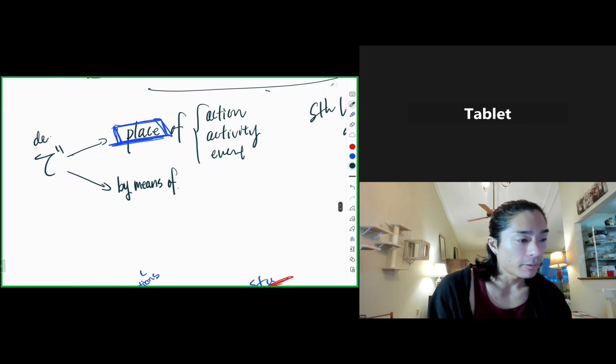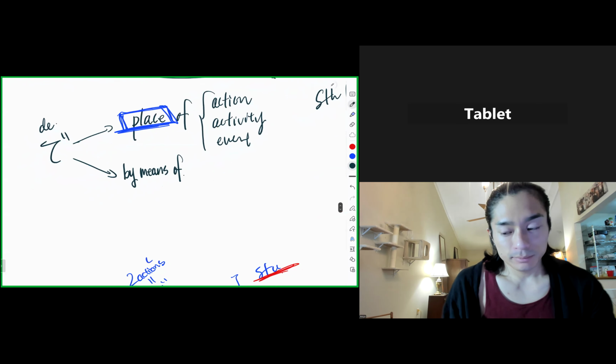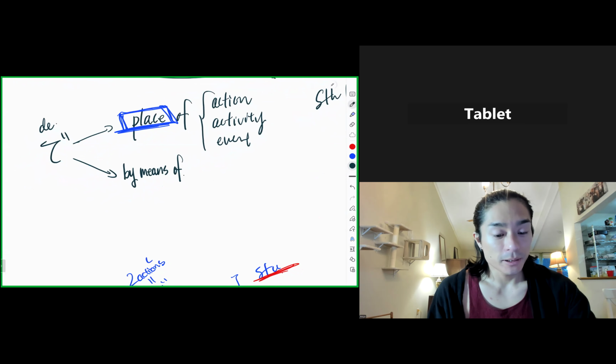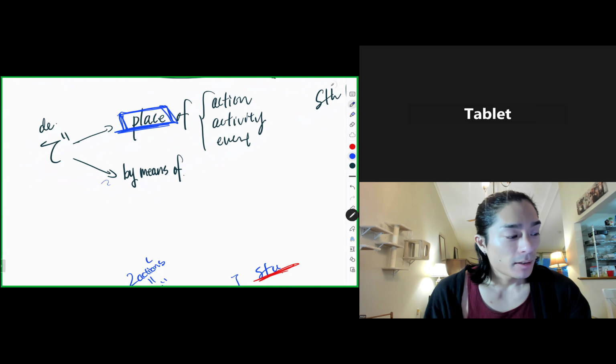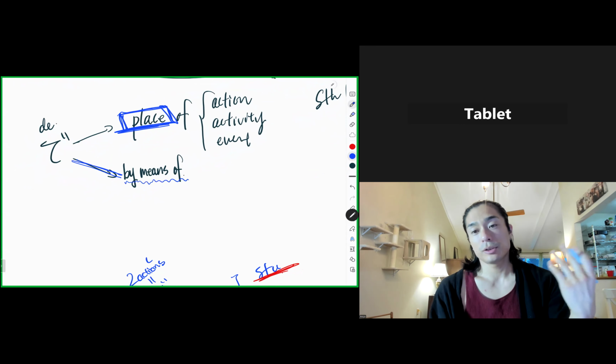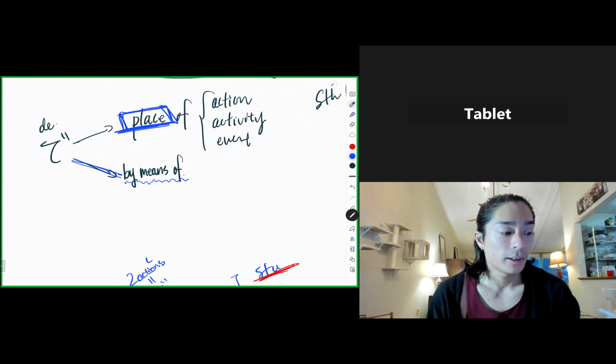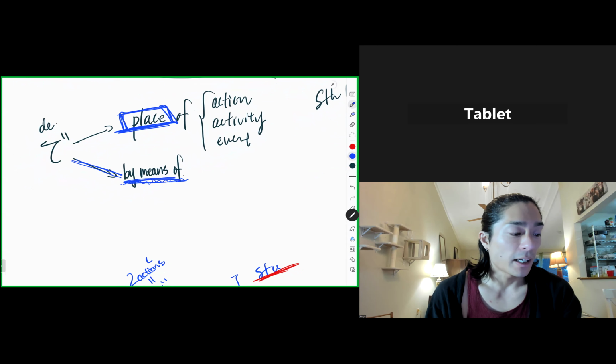Never mind. Okay, let me explain. Just simply memorize it as by means of, okay? I know by means of we don't usually use that much in English unless it's in a formal situation and stuff, right? So it might not sound that familiar, but we'll get there later, okay? By means of.